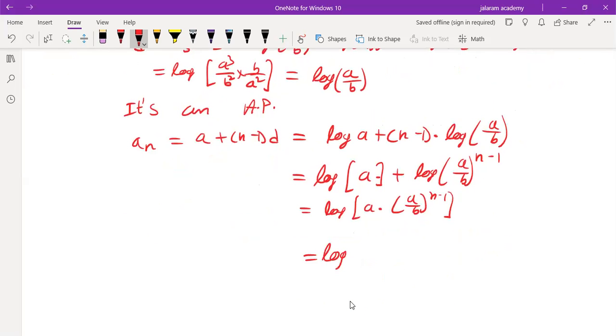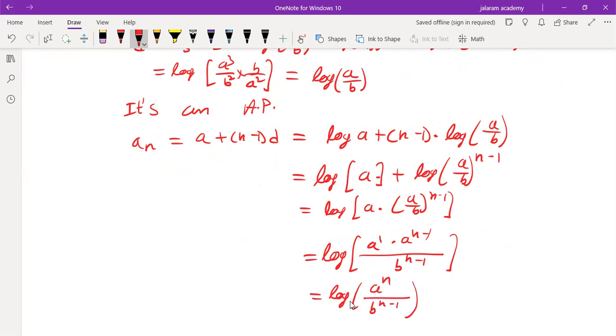Equals log a in the numerator into a to the power n minus 1 upon b to the power n minus 1. And in multiplication, powers are added. So 1 plus n minus 1, 1 cancelled out. a to the power n upon b to the power n minus 1 is the nth term of this AP.